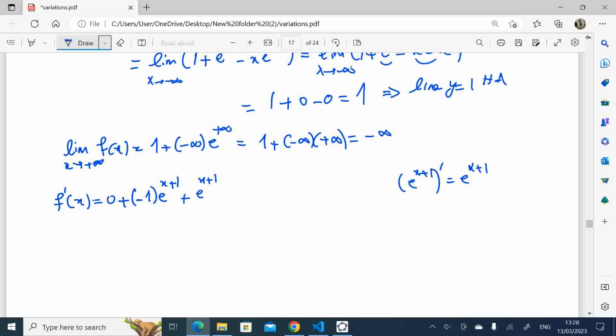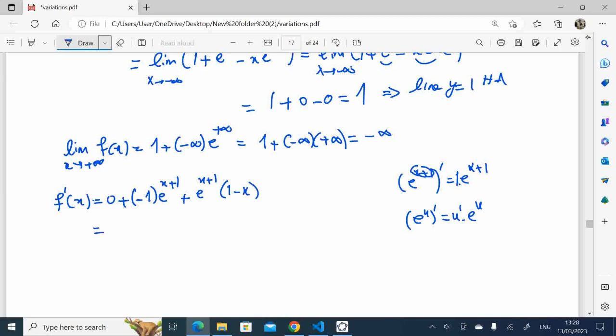Because the derivative of e^u is u prime times e^u. So this is u. The derivative of x plus 1 is going to be 1, times e^(x+1), which is e^(x+1). So this is v prime times u, which is 1 minus x. Let's simplify here.